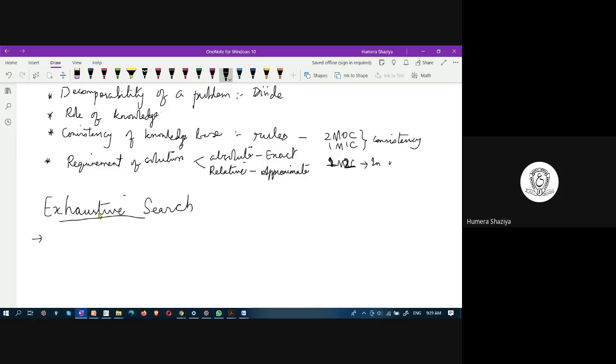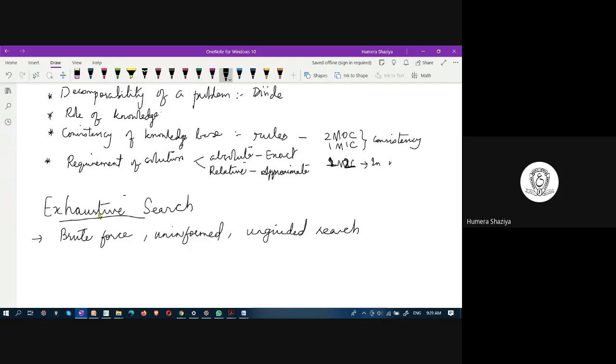Exhaustive search is also known as brute force or uninformed or unguided search. To discuss exhaustive search in detail, we should have basic information about what a search is and how many kinds are there.